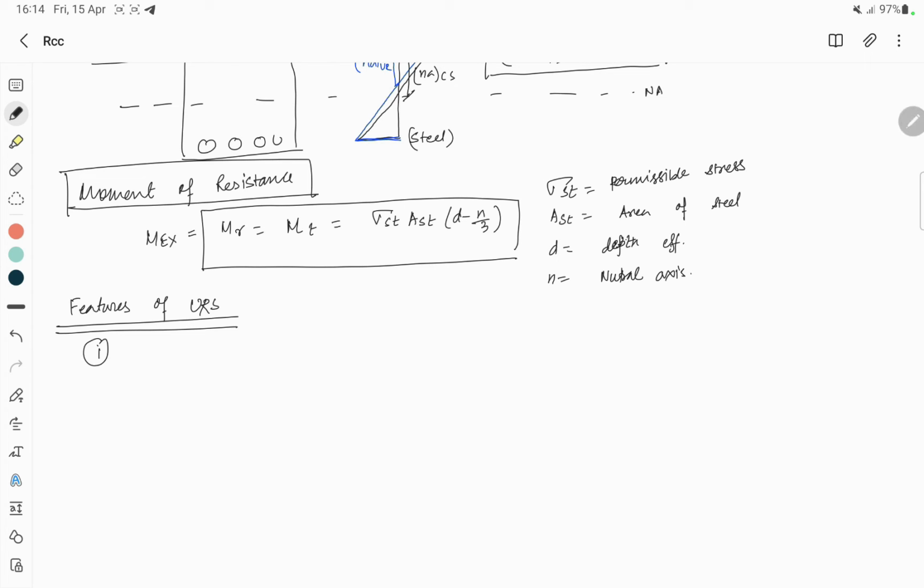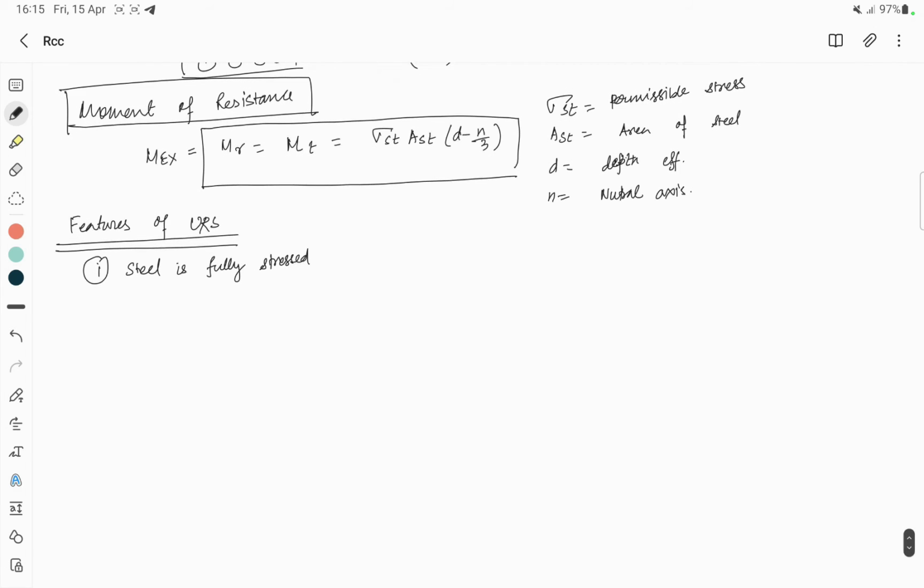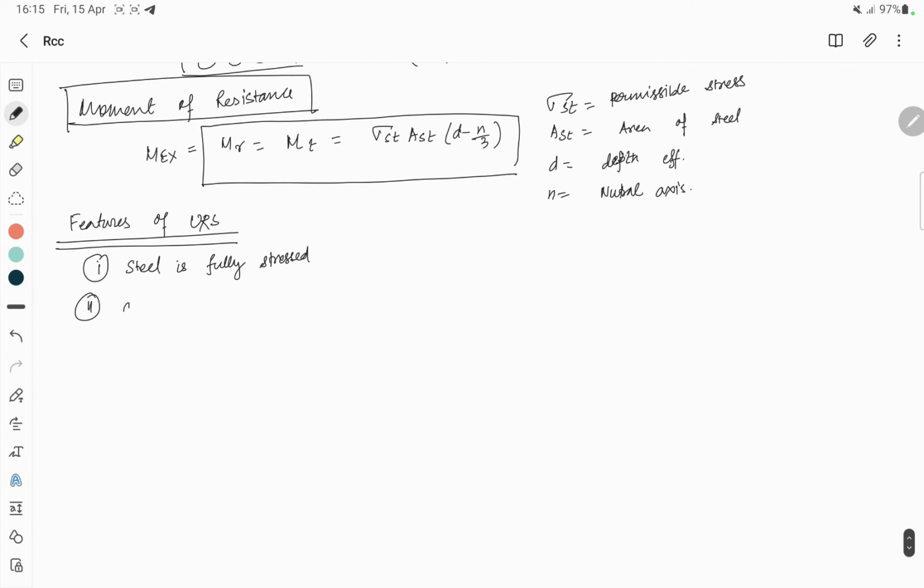First point, steel is fully stressed, whereas concrete is under stressed.